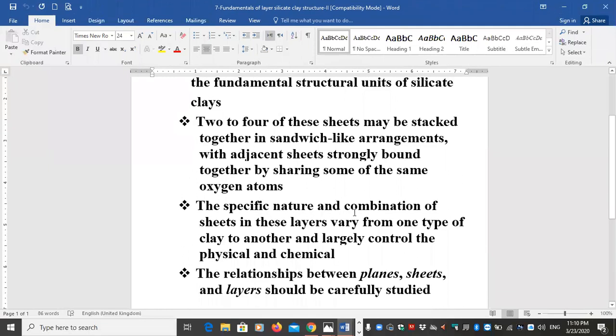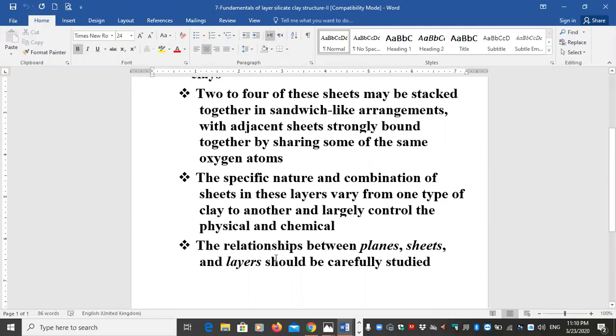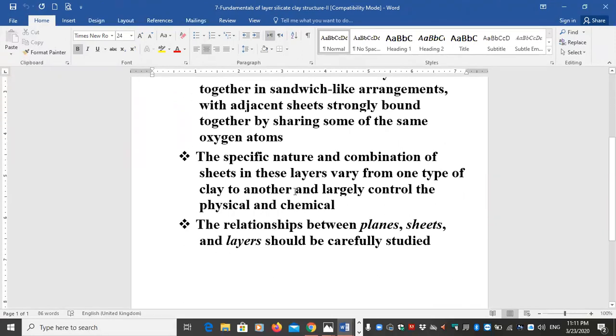The specific nature and combination of sheets in these layers vary from one type of clay to another and largely control the physical and chemical characteristics of them. So as we go ahead, we will concentrate on how the type of sheets that it's made of will decide the physical and chemical characteristics of these clay minerals.